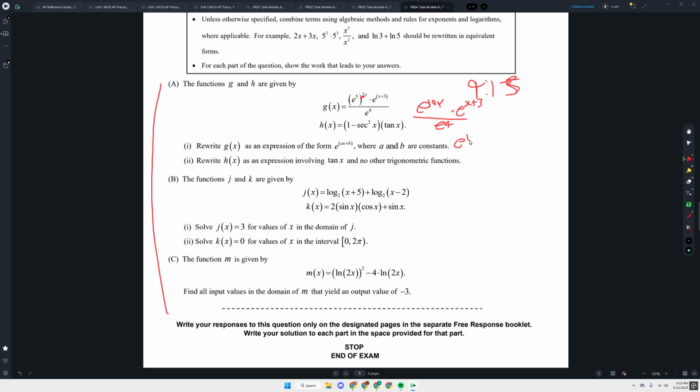So now we have e to the 10x times e to the x plus 3 times e to the negative 4th. Now that we're multiplying them, we can add the exponents together. Now we have e to the 10x plus x plus 3 minus 4, which is e to the 11x minus 1. Does that make sense to everyone?